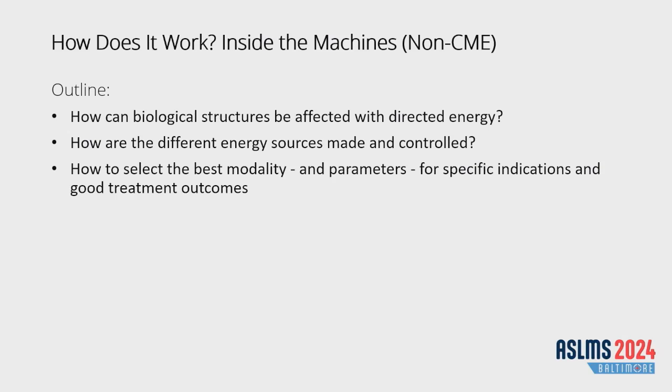I will give you a short review of what is really inside a machine, how we do it, and the different types of lasers and other energy sources. And I'll ask Bob to present in more detail the idea about RF energy, which is becoming more and more popular.